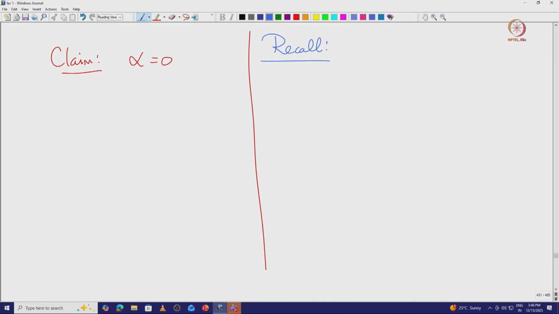So, in particular, alpha lies in the splitting field of x to the n minus 1. Indeed the splitting field is given by the extension of Q generated by the nth primitive root of unity.